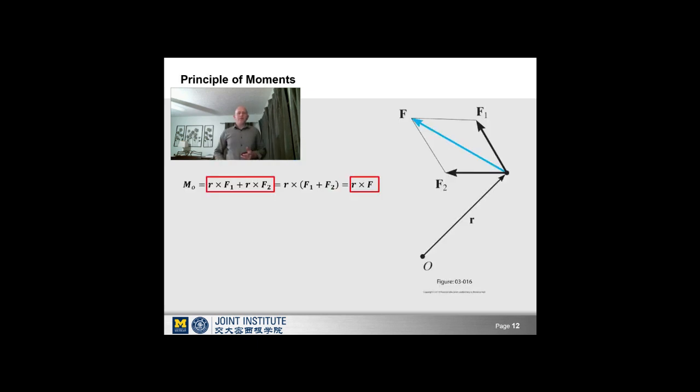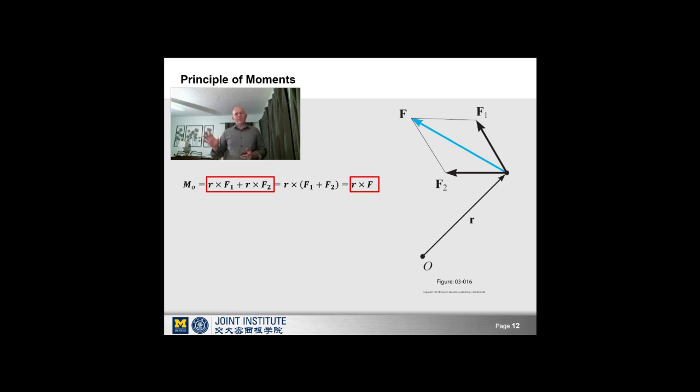Here we have a force that has components F1 and F2, and it has a resultant F, right? And the distance from point O to that force's line of action is R. So how we do the cross product, you know some of the principles of this already, I'm sure.